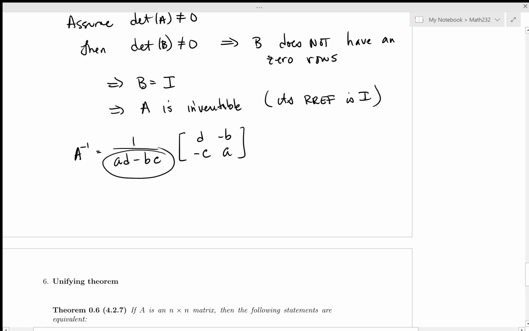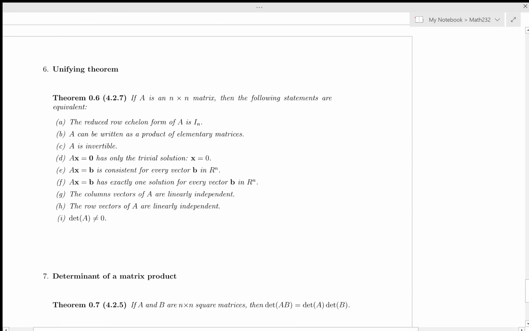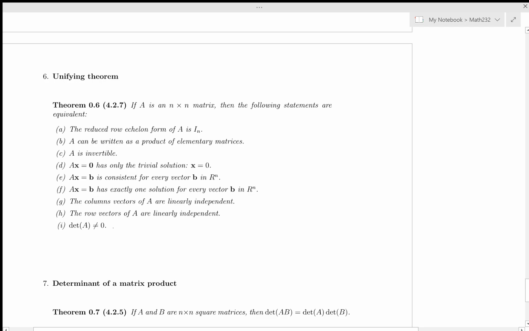Okay, so we now add this new line to our unifying theorem. This keeps getting bigger and bigger. What I would do if I was you, in the morning, I would wake up and say to myself, okay, I've got 8 or 10 equivalent statements, however many we have as the course is going. I would attempt to list them out once every morning. And if I couldn't, I would be like, shoot, I forgot that one, and look at it. And next morning, do it again.